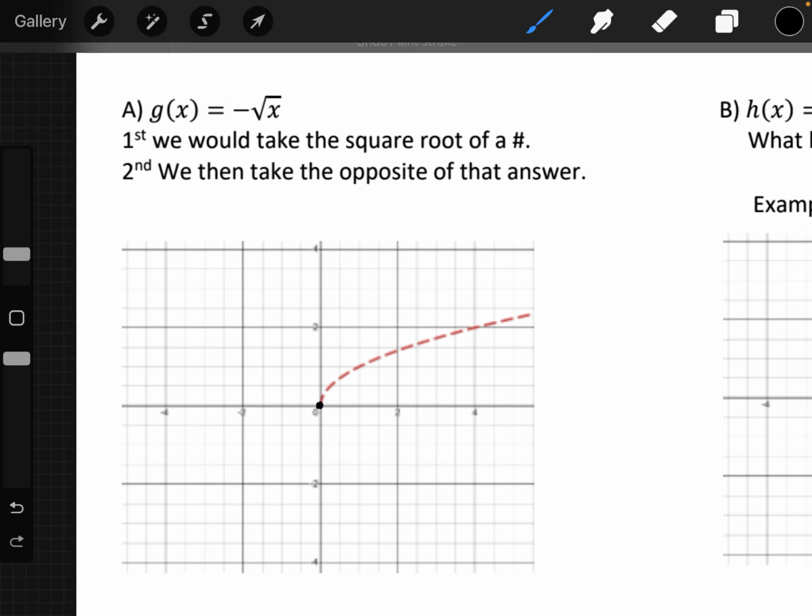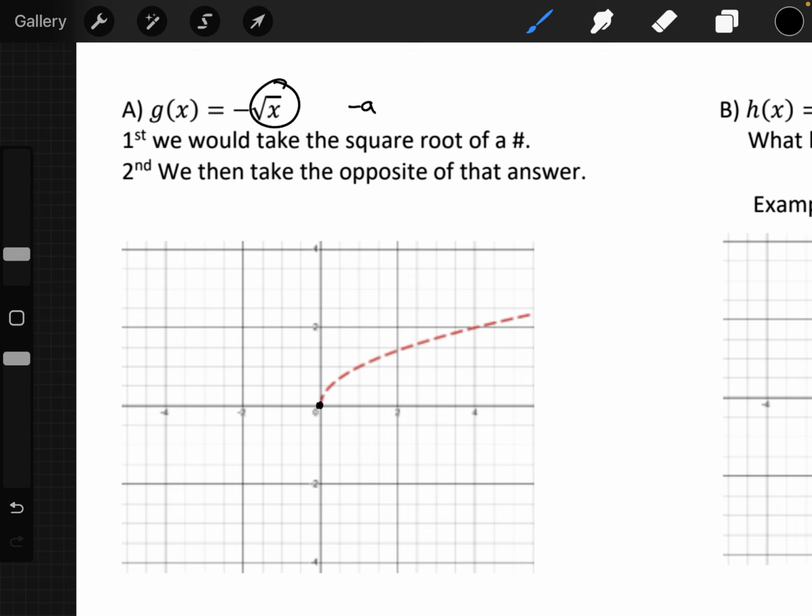So the first example is what we're used to when we have negatives and reflections. This is when there's a negative a that comes before the square root of x. So first we take the square root of a number, and then we'll take the opposite of that answer. The origin is at 0, 0, and when x equals 1, g of 1 is equal to the negative square root of 1.